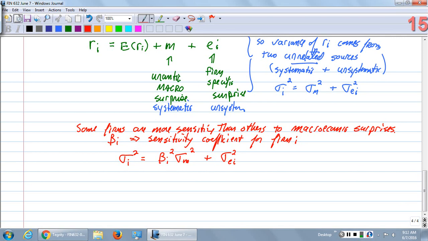Well, what we find, and it's going to make our job quite simple, well, not quite simple, but more simple, less difficult, is that if we do this for all of the assets, so that's the standard deviation for asset I, but we could get the standard deviation for asset J, K, L, M, N, O, P, right? All different assets.